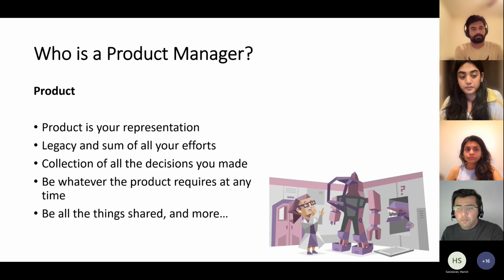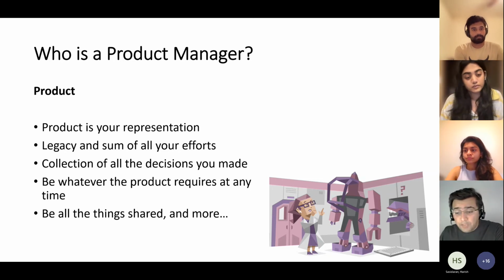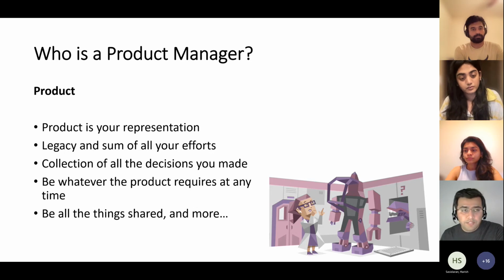The most faithful representation of yourself as a product manager is your product. So you do want to put your best foot forward in terms of recognizing yourself through the product you have put out in market.